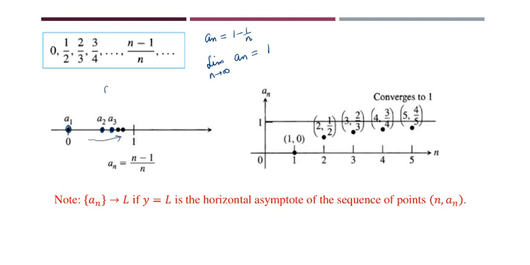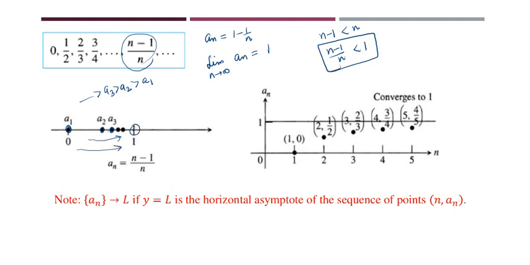You see that a3 is greater than a2, right? a2 is greater than a1. This is happening. But the nth term is always bounded by 1 because n minus 1 is less than n, and (n minus 1) by n will always be less than 1. So you see that this is the point where your whole sequence is going to accumulate or converge.